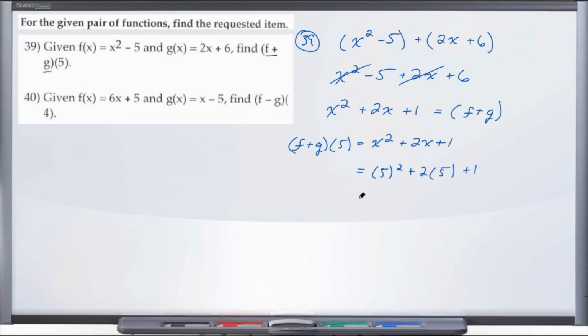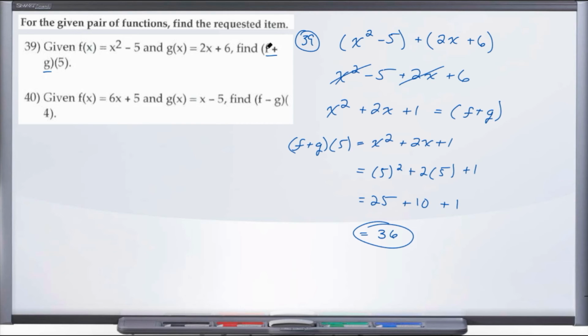Well, 5 squared is 25, plus 2 times 5 is 10, plus 1. And we end up with 25 plus 10 is 35, plus 1 is 36. All right, so that is how we end up with finding f plus g of 5.